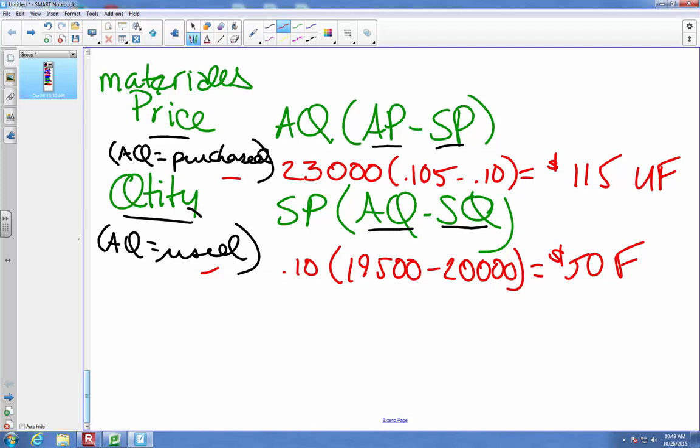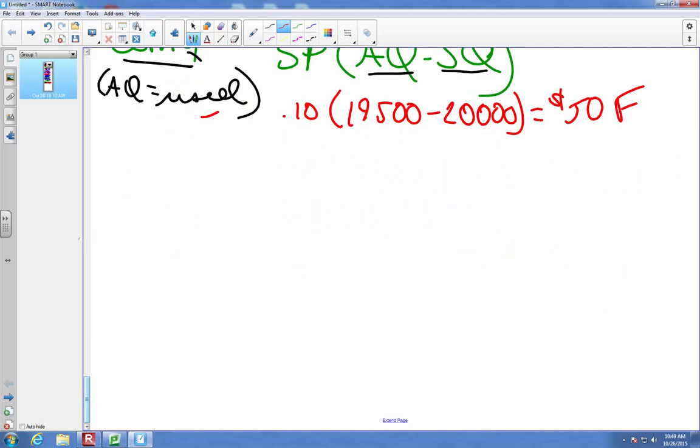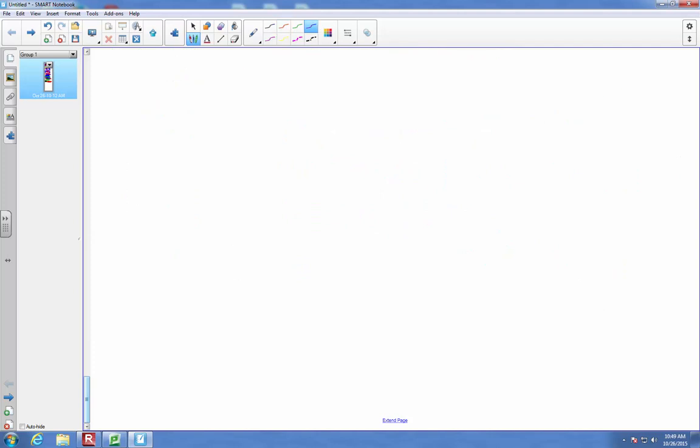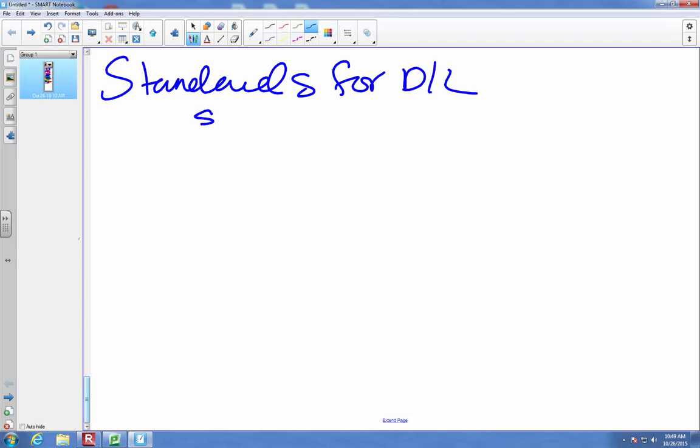Okay, what do you want to ask me about the labor costs? How many hours per unit? Yep, how many hours per unit and how much cost per hour? What's their rate? How much do I pay them an hour? So my standards for direct labor are $9 an hour, and it takes 0.5 of an hour for 1 unit.